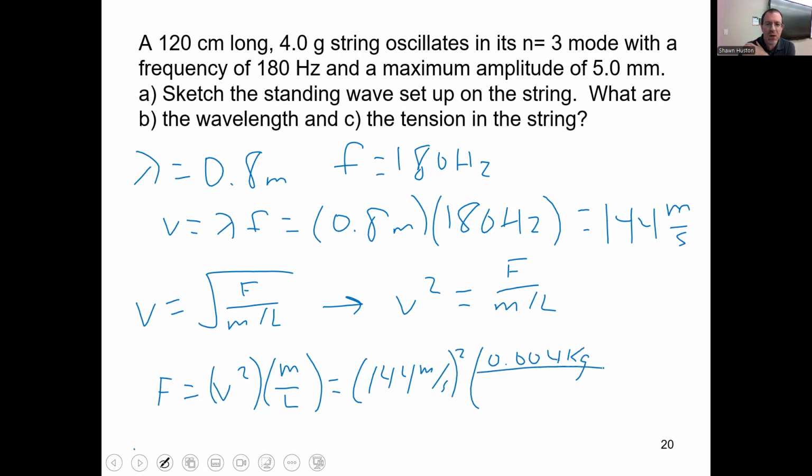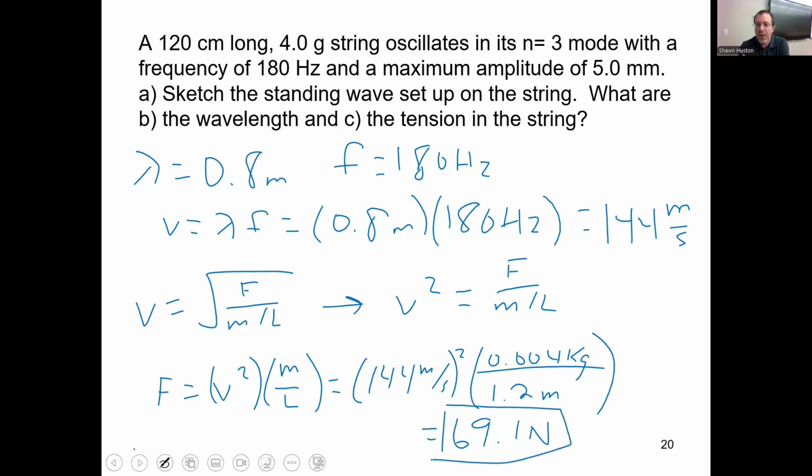And then the length of the string is 120 centimeters, again SI units, 1.2 meters. When we perform the calculation there, we get out that the tension here is 69.1 newtons. And that is the answer for that.